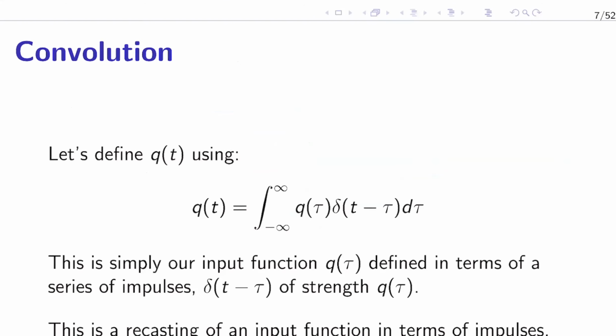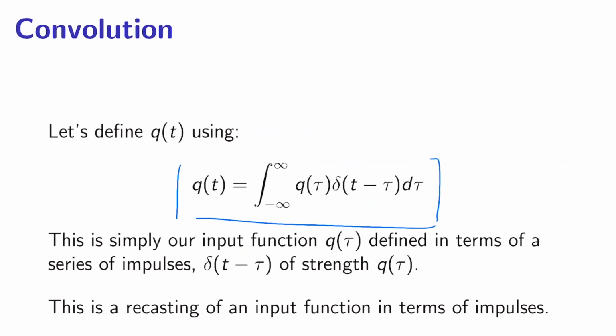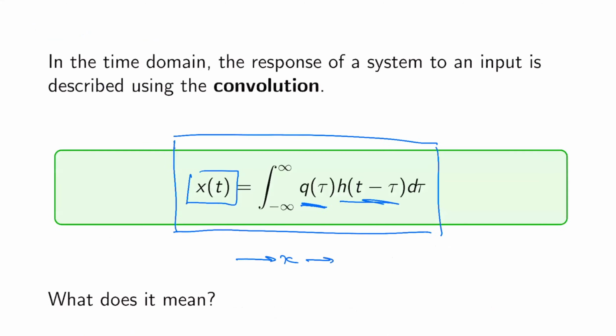In fact, I'm going to define it in terms of an infinite number of impulses that I apply to the system, and each impulse is going to be scaled by the strength of the input. All right, so this piece here essentially is equivalent to this piece.